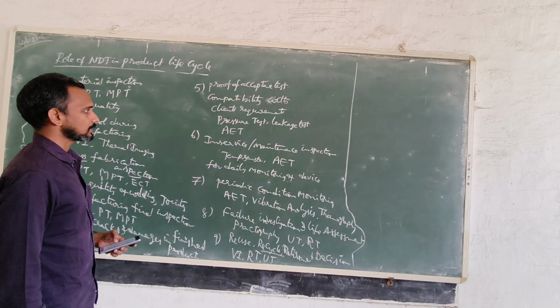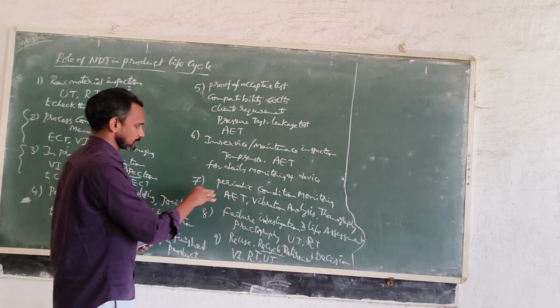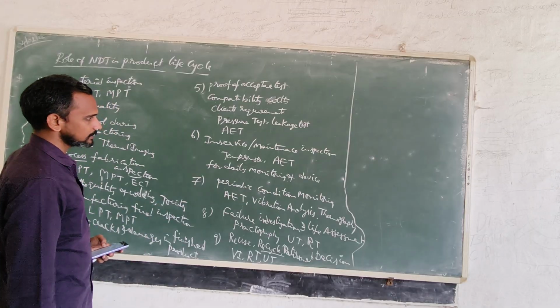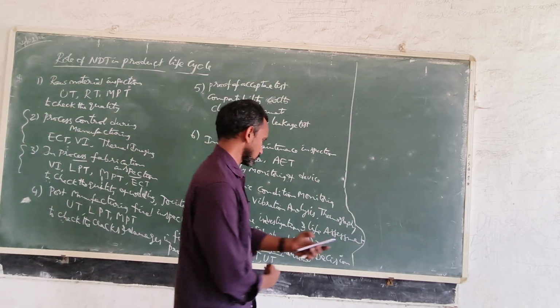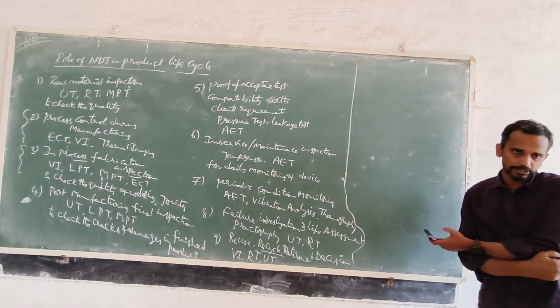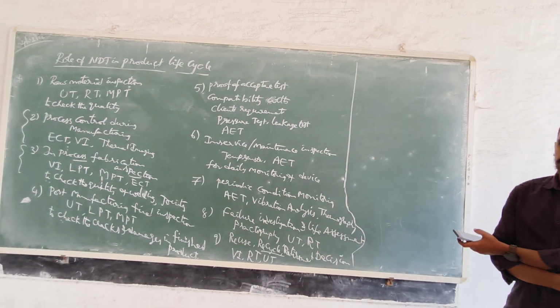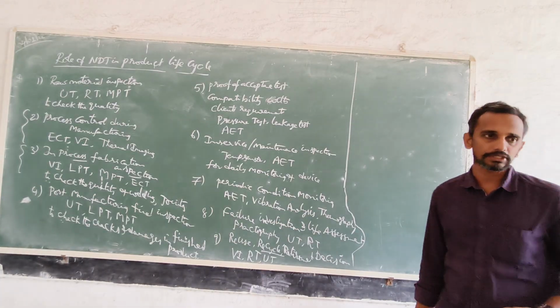Next one is in-service maintenance inspections. 7th one is periodic condition monitoring. 8th one, failure inspection. 9th one, reuse, recycle or retirement. So these are the 9 stages in which NDT plays its role in the product life cycle.